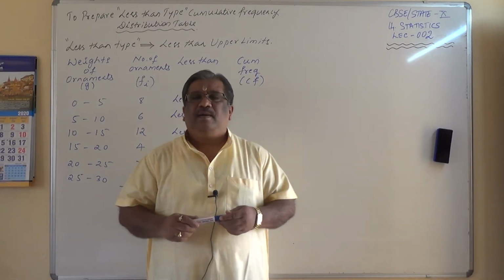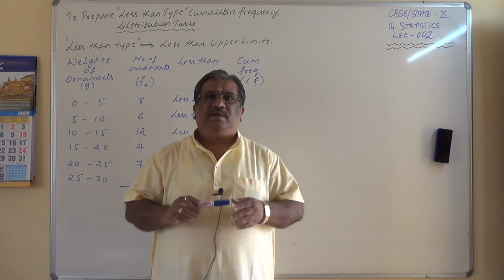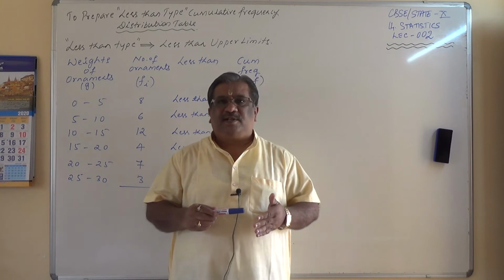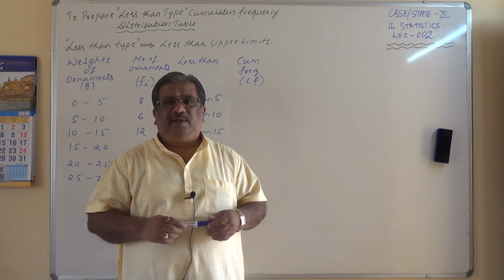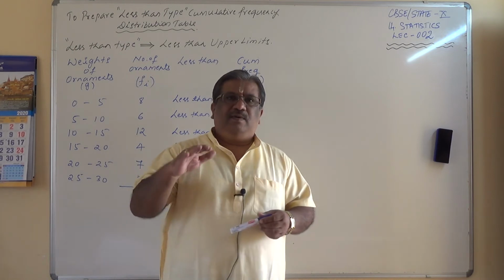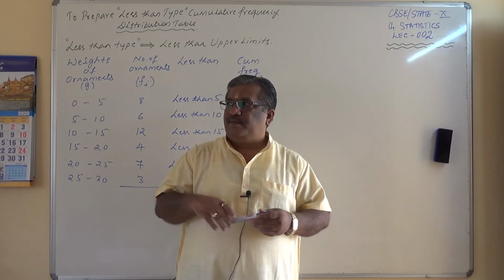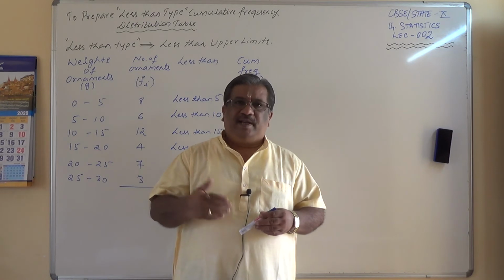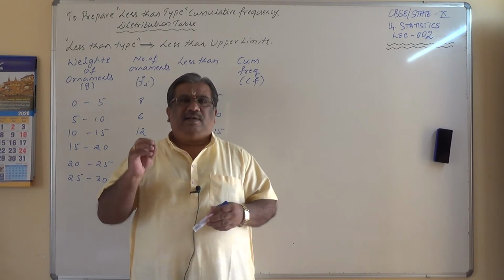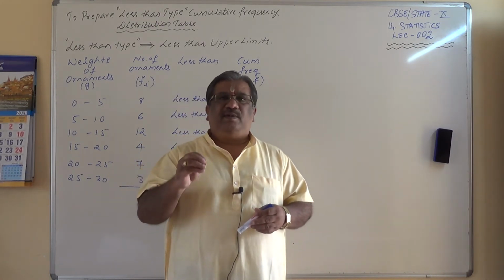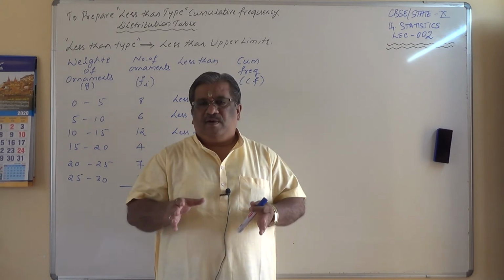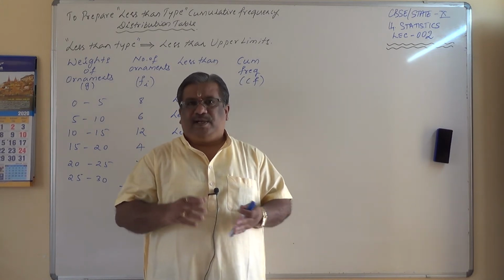Now we'll study another two different concepts which are called less than type cumulative frequency distribution table and more than type cumulative frequency distribution table. Even though in the current syllabus the ogive curves have been deleted, we can expect sums on finding out the medians if the distribution table given to you is of less than type or more than type.